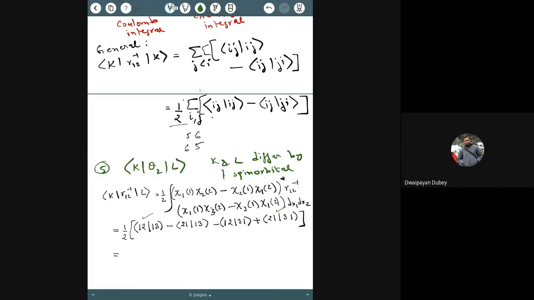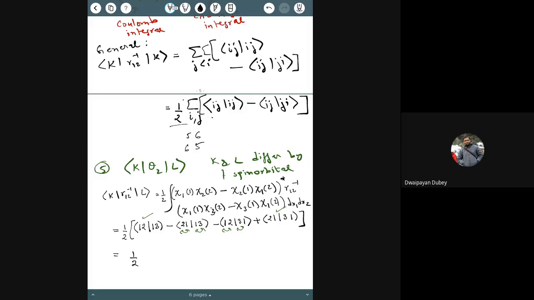No, they are the same. Second and third term are the same. Yeah, just interchange. So you're saying second and third according to how I have written? Yes, they are the same.